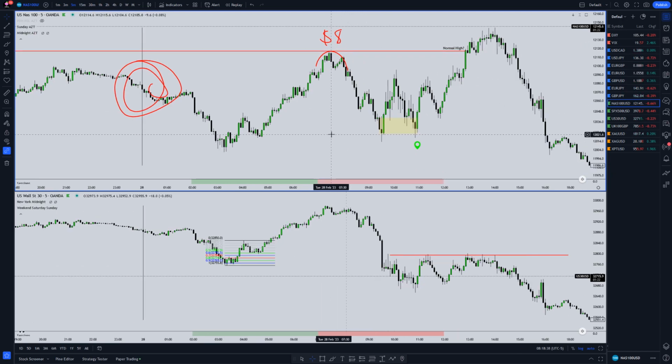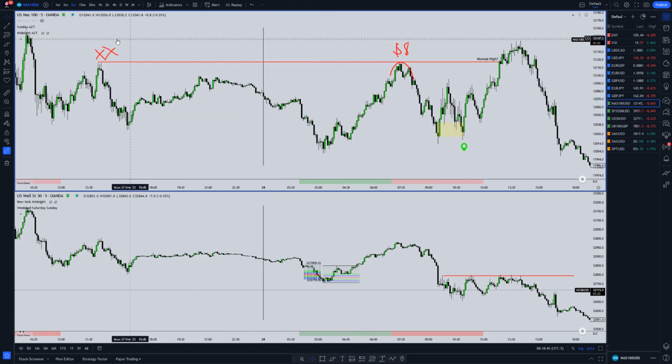So you're saying that since it rejected from that area, we shouldn't be looking for any sells, just more bullish in that scenario? Exactly. When you have such a clean area of liquidity that's been formed, you know that the money is up here. There's a lot of money up here.